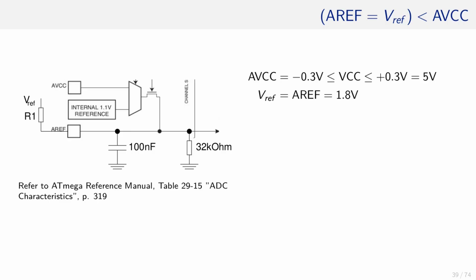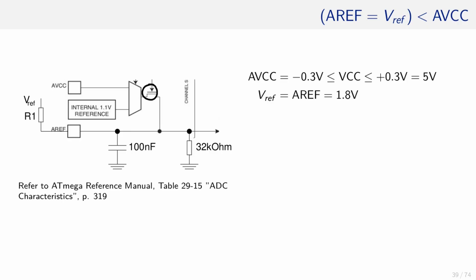And to make this example even more complicated, as stated earlier, in case we also would like to use, let's say, AVCC, we are going to turn on this transistor at one point in time. We have to prevent the flow of current from AVCC into the 1.8 volt reference source.